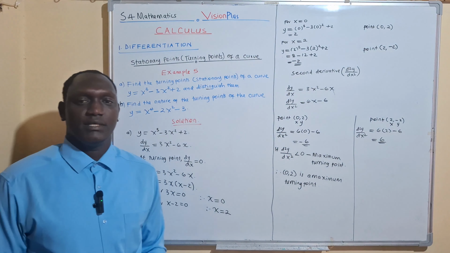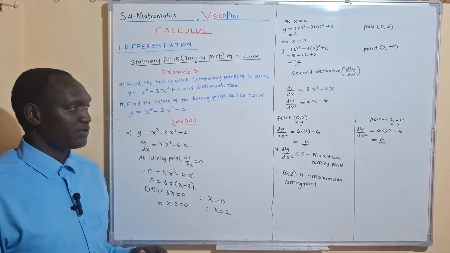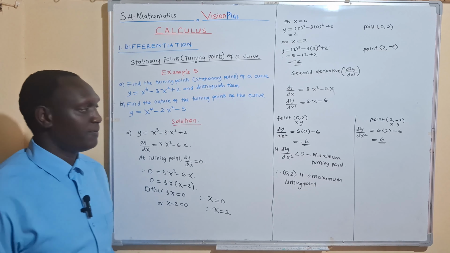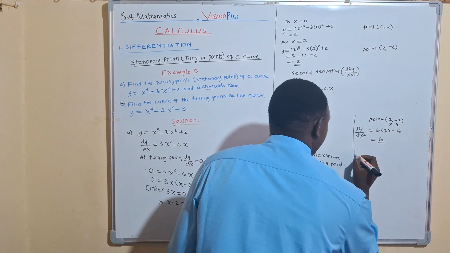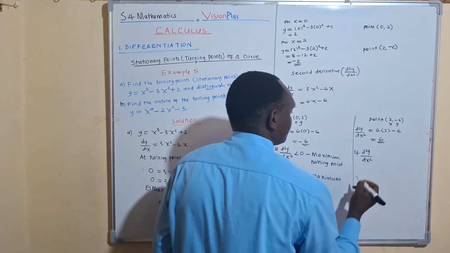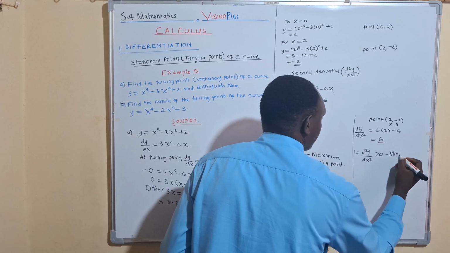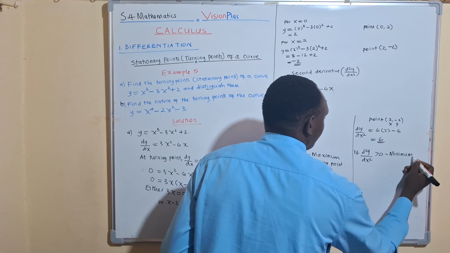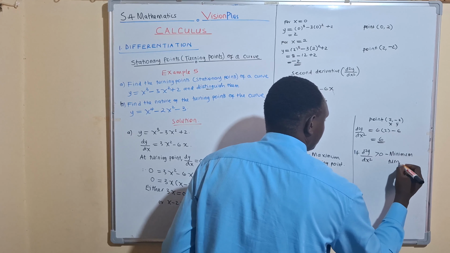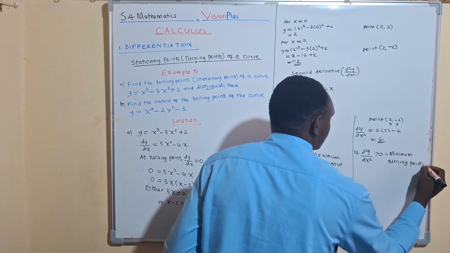Now we judge. Is 6 more than 0, is it equal to 0 or is it less than 0? 6 is more than 0. And we said that if the value of the second derivative is more than 0, then we have a minimum turning point. What is the implication?